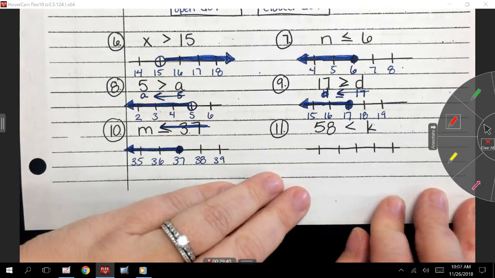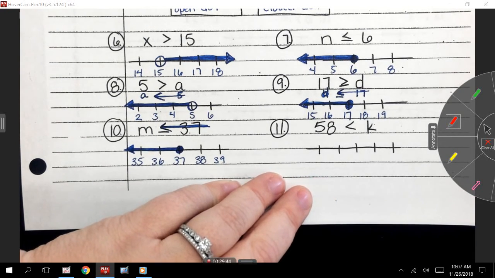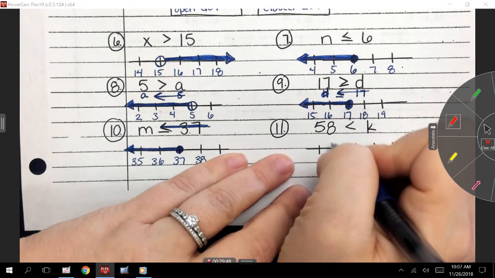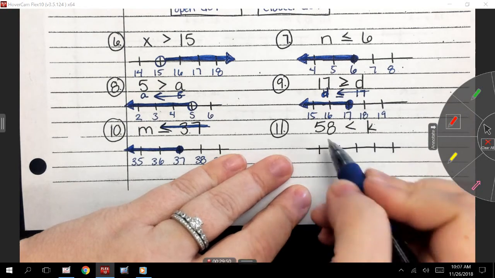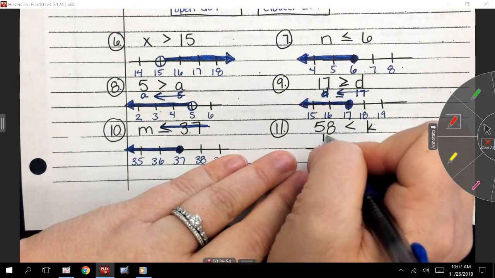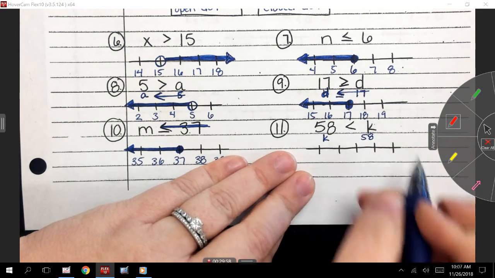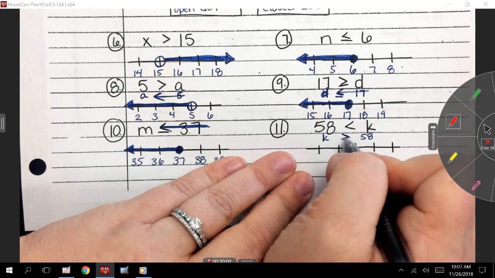All right, on number 11, is that one ready to graph? No. Why is that one not ready to graph, Aiden? Because 58 is in front. 58's in front. We need that letter first, so let's flip that around. Make sure when we flip our letter and number, we also flip our symbol.